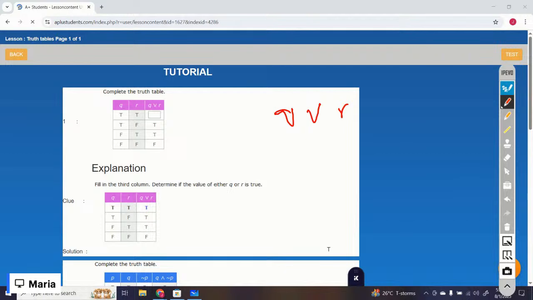If either of them is true, that means true it is. So if one of them is true, Q or R is true. The one in which Q and R both are false, the answer is false.